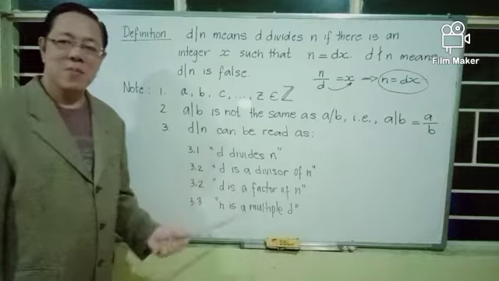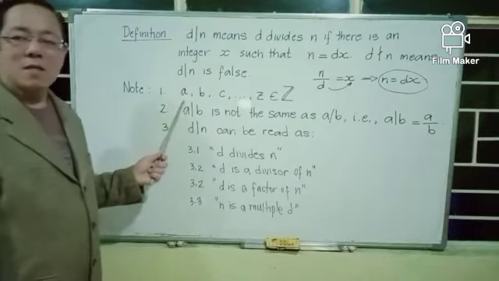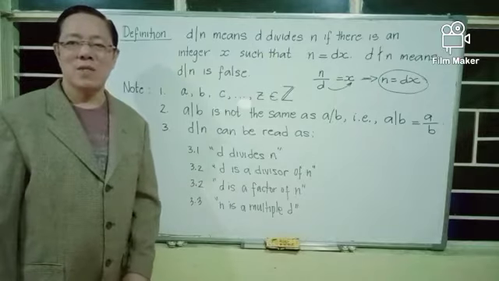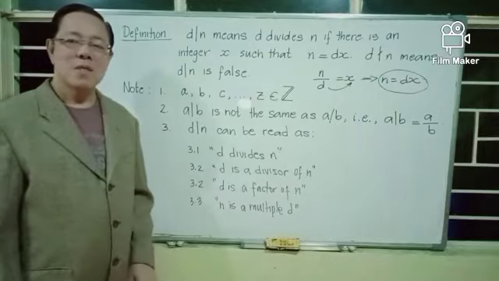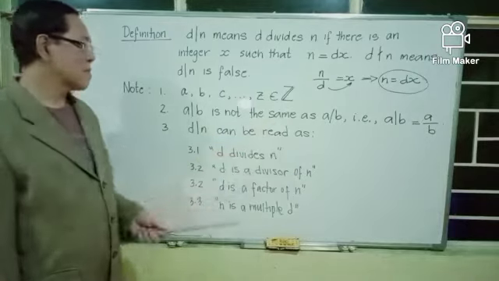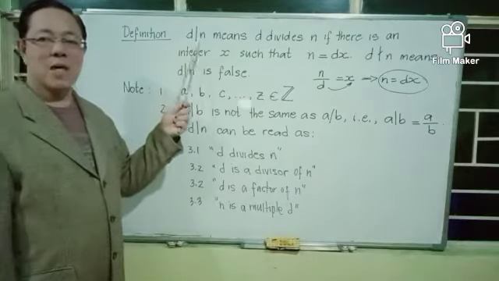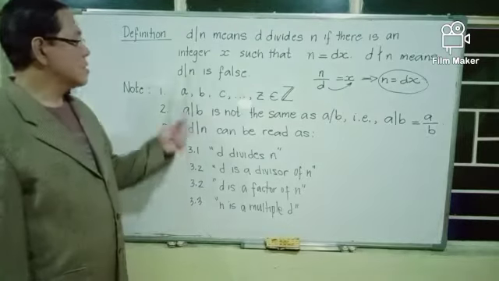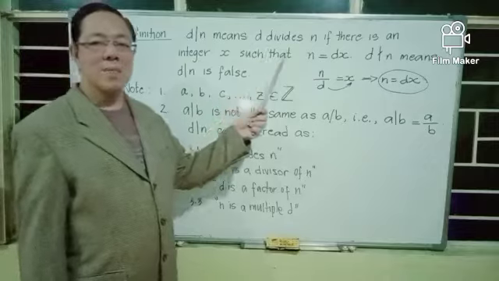Again, you take note of the following. I already told you that we will use the small letters of the English alphabet to denote integers, elements of the set of integers Z. Now, this notation d divides n can be read in several ways. It can be read as d divides n.